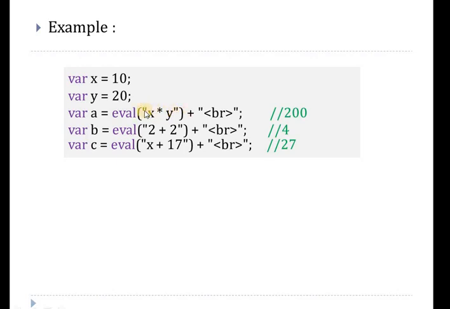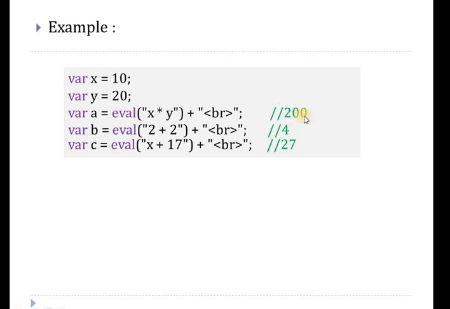You can see that it is in double quotation. Now if you simply write variable a equals x into y in double quotation, it will be treated as a string, but over here we have called the eval function on this expression, which is given as a parameter in string format. So what will this function return?